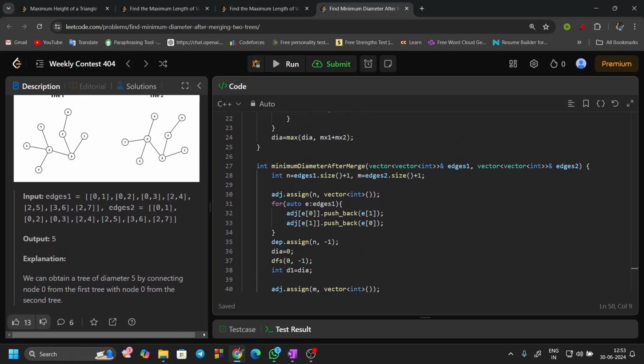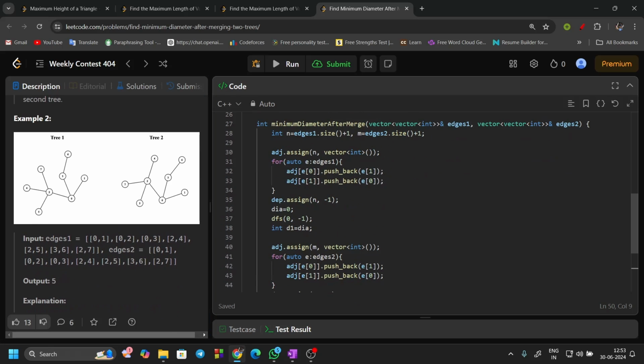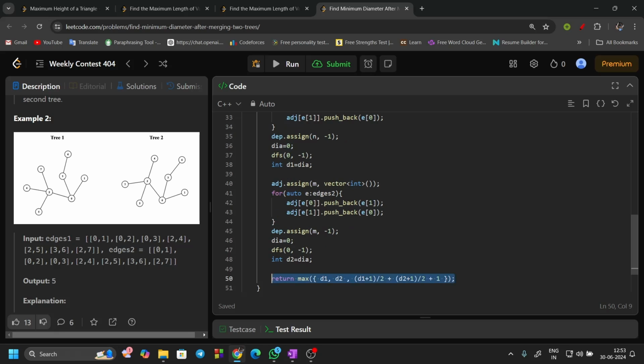And as I told, during the contest, I was not able to get this formula. I had just the initial intuition that I explained, the maximum depths and all. Then I just did the DFS rerouting thing and calculated this. Just after the contest, I realized that we can do it like this also. So I explained the simpler version.